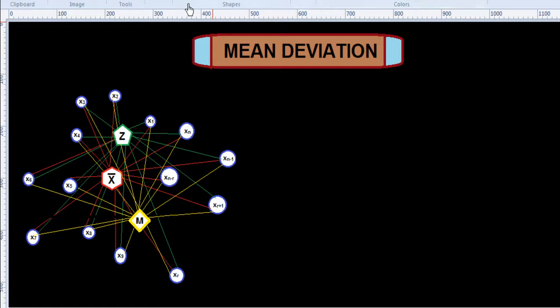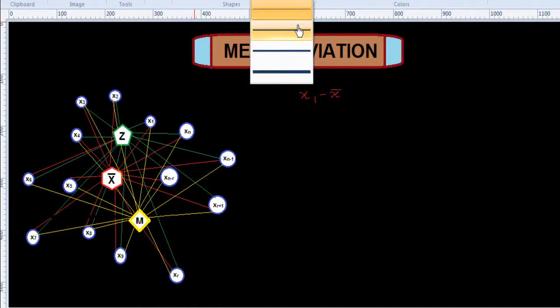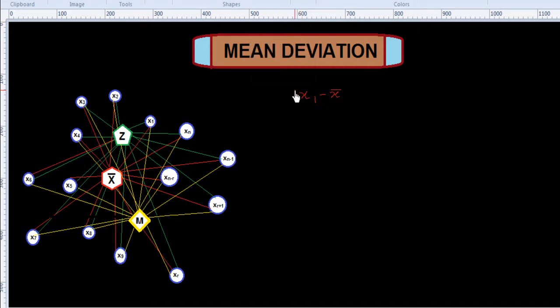We have to take the positive absolute value, so we put here the sign of absolute value. Then mod of x2 minus x bar, mod of x3 minus x bar, and finally xn minus x bar.